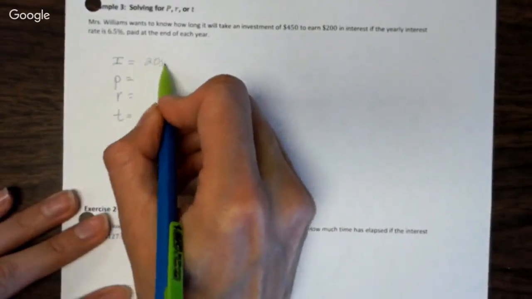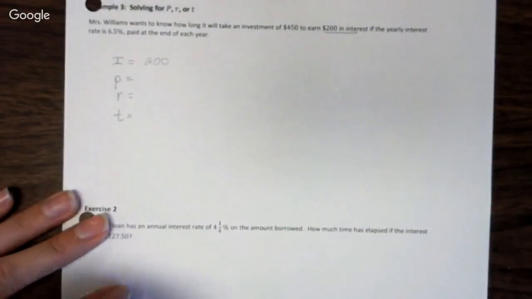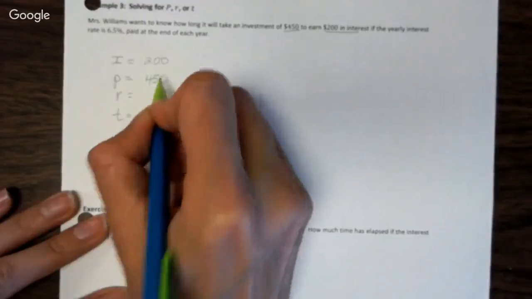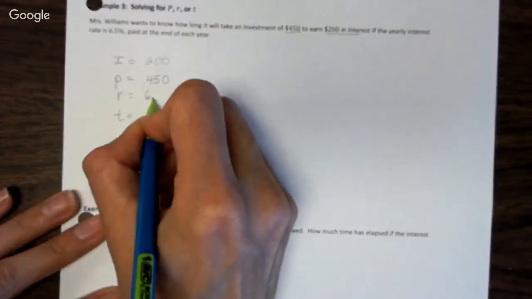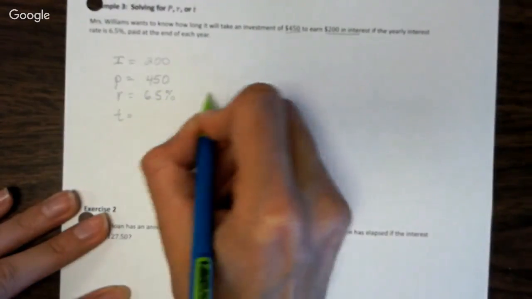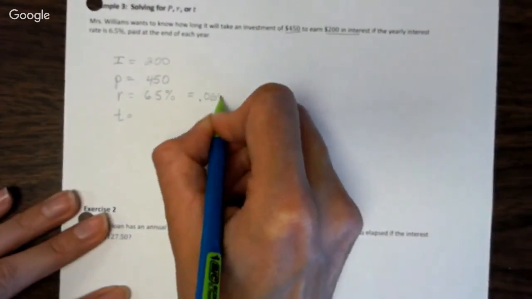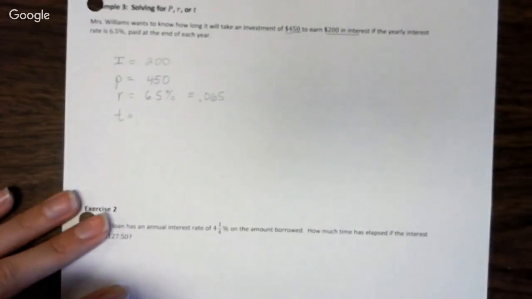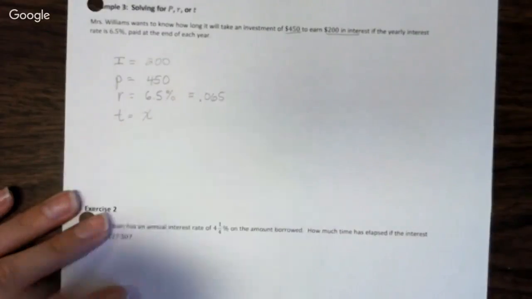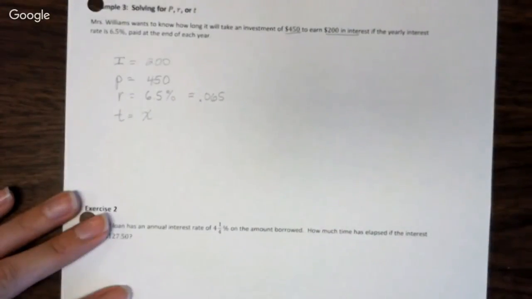It tells us that it was $200 they're earning. The principal is how much they invest, or $450. The rate is going to be 6.5%, which is the same thing as 0.065. And time will be our X, because that is what we don't know. We're trying to figure out how long it will take.